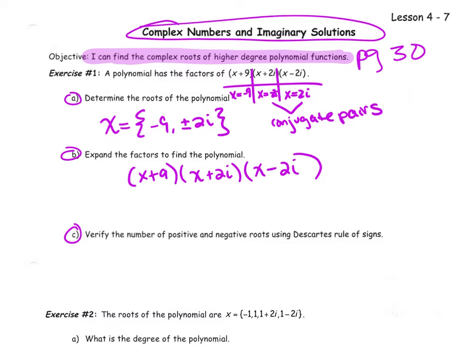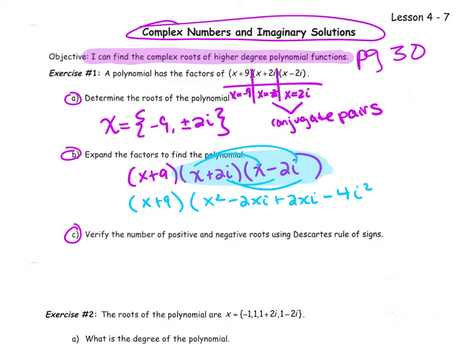So I like to deal with the imaginary part first, because this is actually going to simplify pretty nicely for us. So let's do our double distribution, leave the x plus 9 alone. We'll have x squared minus 2xi plus 2xi, and what is that, minus 4i squared.